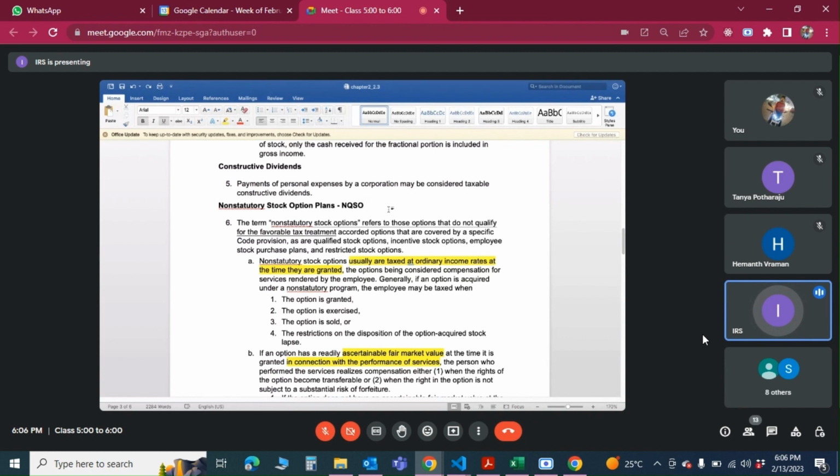If you tell the company, I really don't care about your stocks, anyways the company is doing bad, I don't want any of your stocks, then fine, the stock options don't even matter. The company will give it to you, and after 4 or 5 years, they will expire. You just lose the right to buy them. You're not losing the stocks themselves.